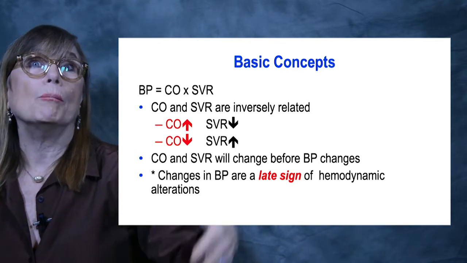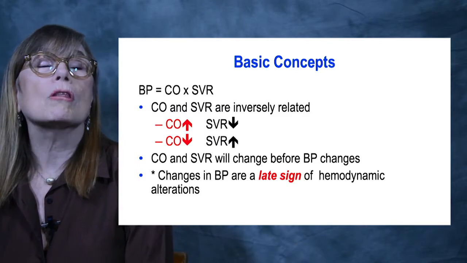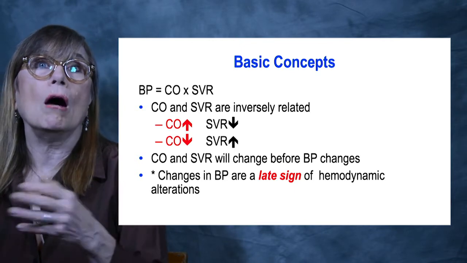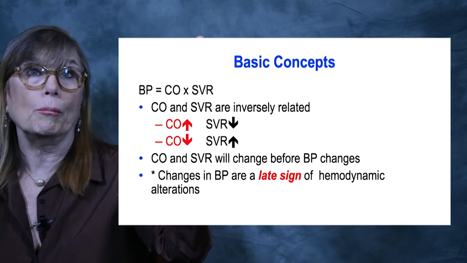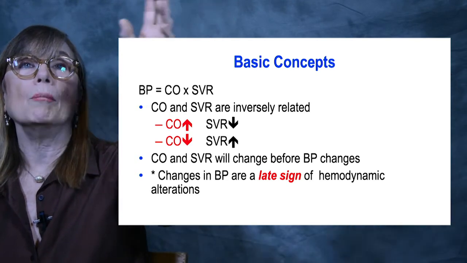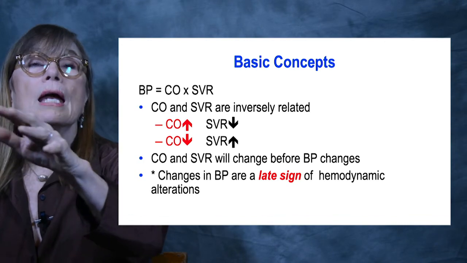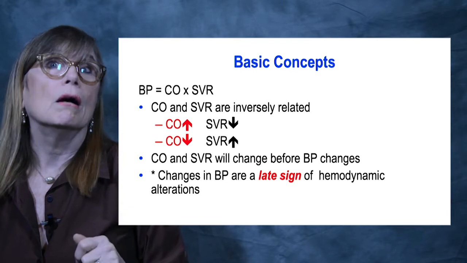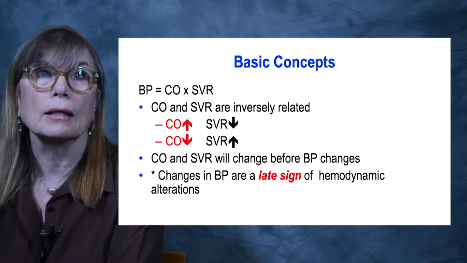If cardiac output is down, the SVR calculation will be up. So one of the first focuses when we talk about shock is, if we know a low SVR, we're going to look at that cardiac output and support the cardiac output, and then we may actually cause some vasoconstriction. If the cardiac output is low and the SVR is high, we're going to support the cardiac output, and then we might apply some vasodilation.